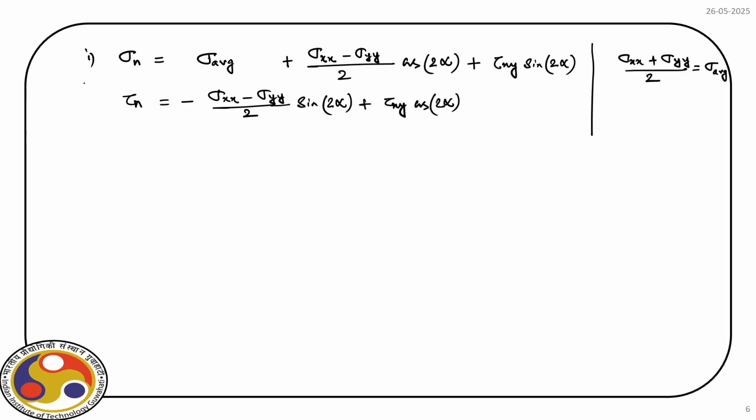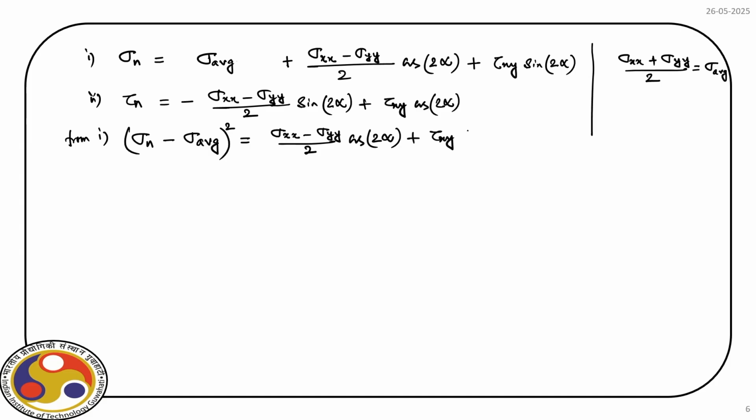From the first equation we get sigma n minus sigma average whole square is equal to sigma xx minus sigma yy by 2 cos of 2 alpha plus tau xy sine of 2 alpha whole square.